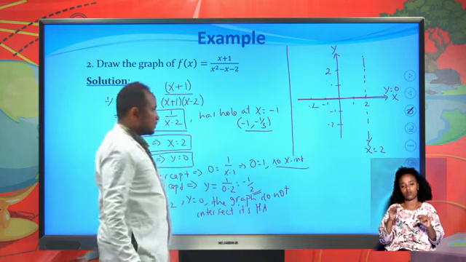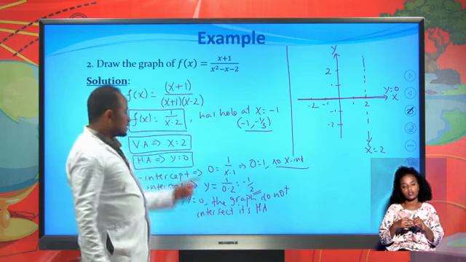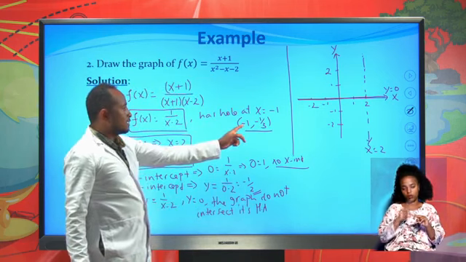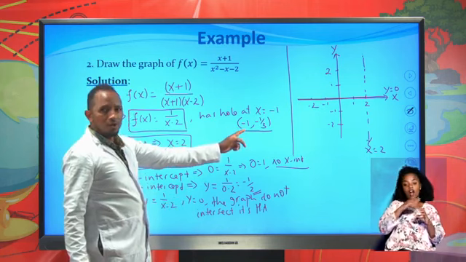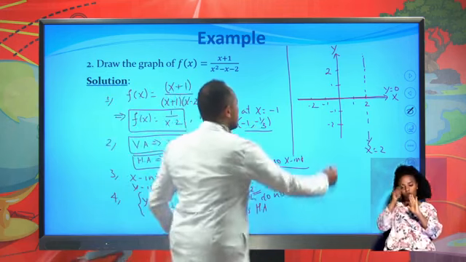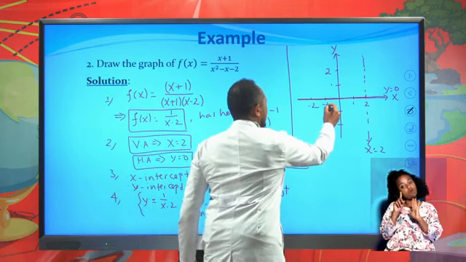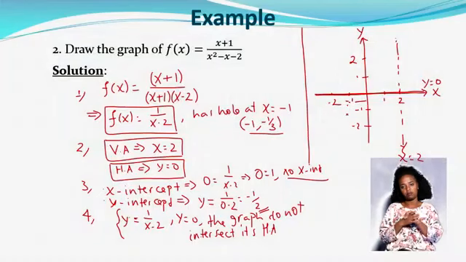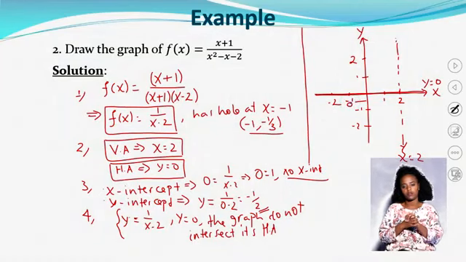So next, let's put a point where the graph will have a hole. The graph has a hole at -1, -1/3. -1, -1/3 is near here. So assume this one is -1/3.